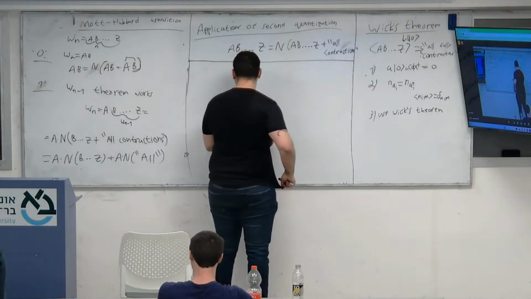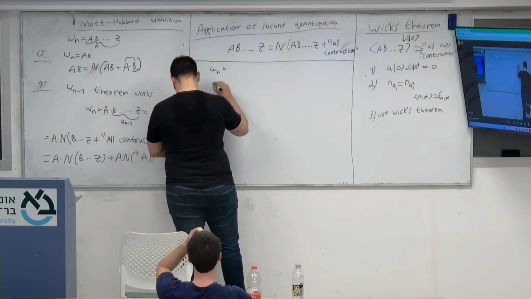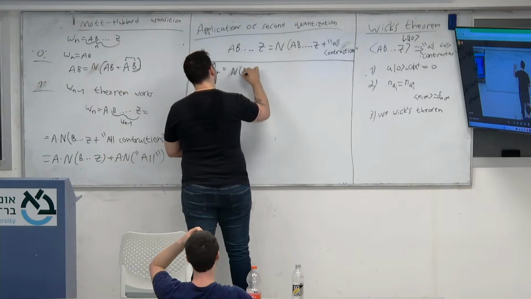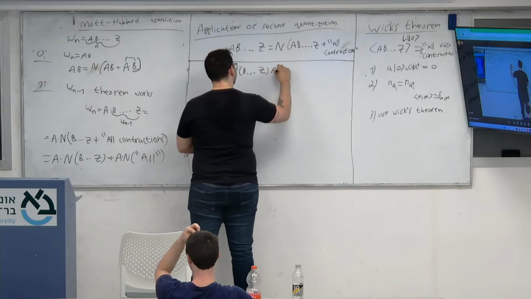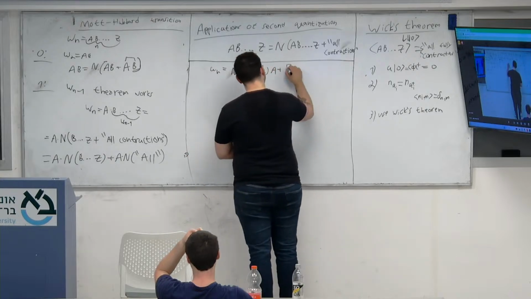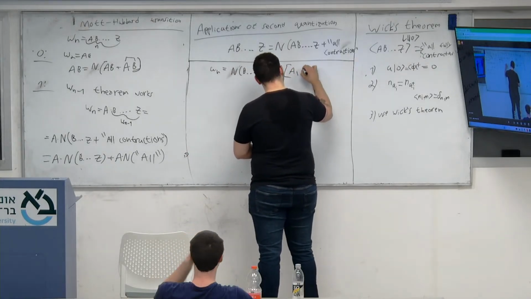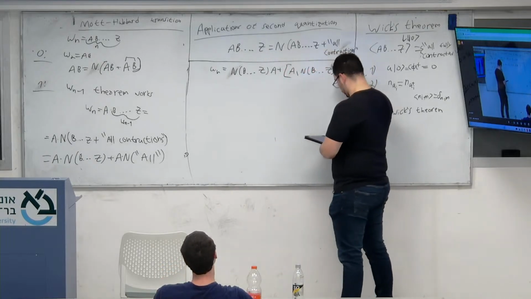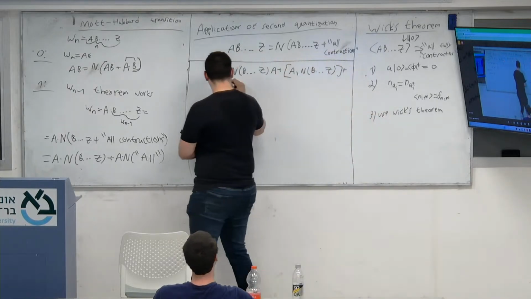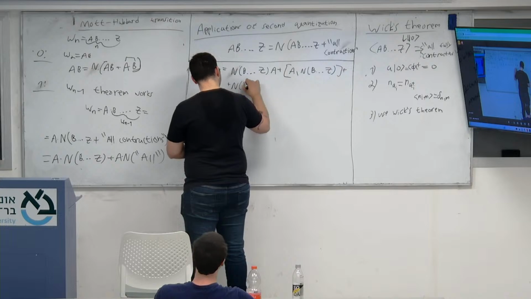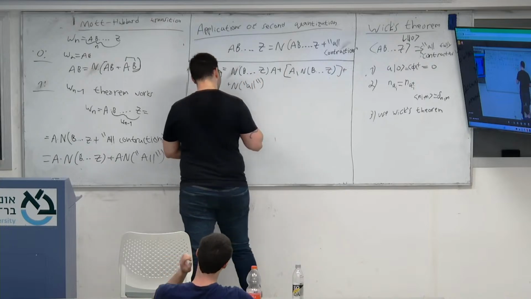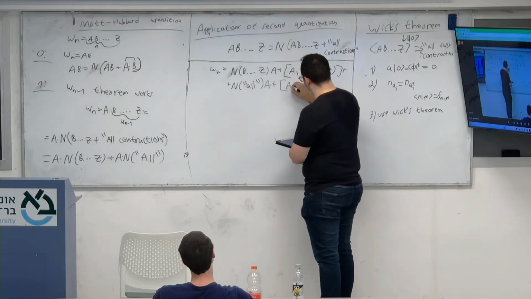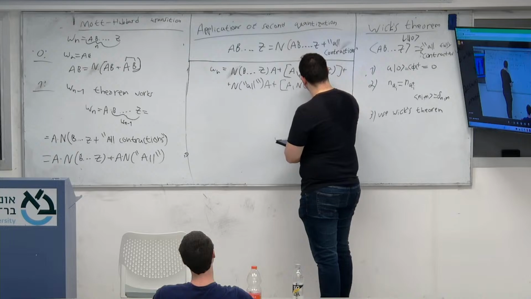So we have N of b z times a, plus the commutator of a and N of b z, plus N of all contractions times a, plus the commutator of a and all contractions.